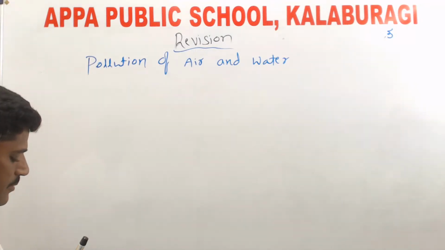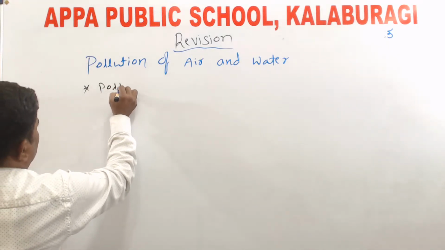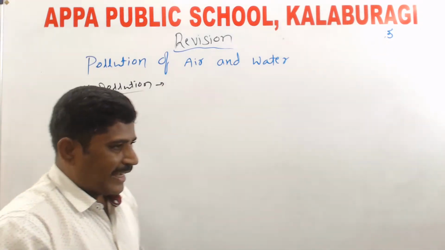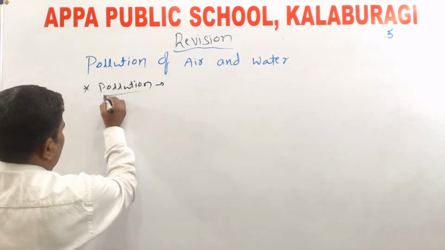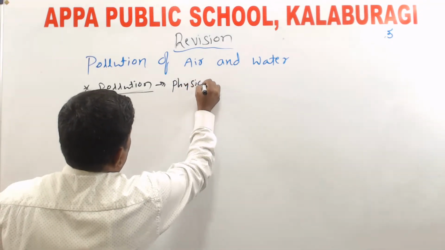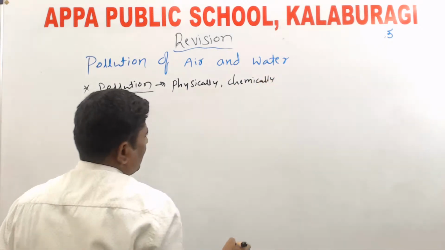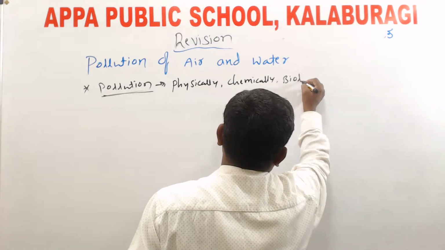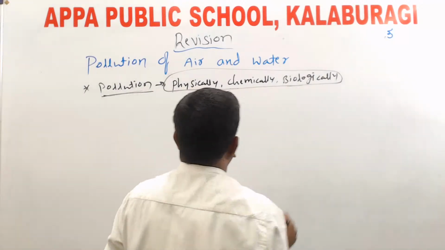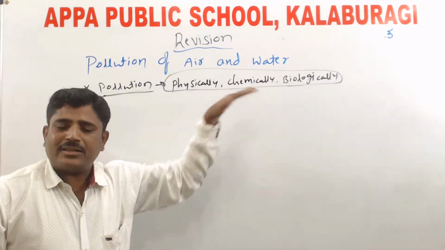So first you should know what is meant by pollution. It means any environment, any atmosphere, if it is altered physically, chemically, or biologically, then that is called pollution.